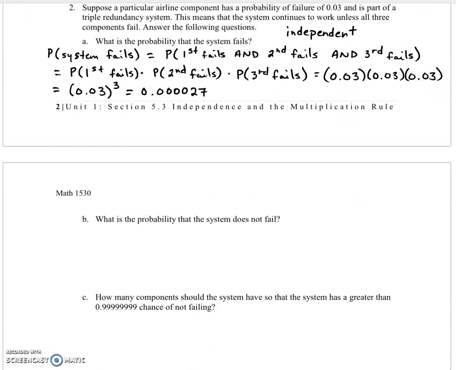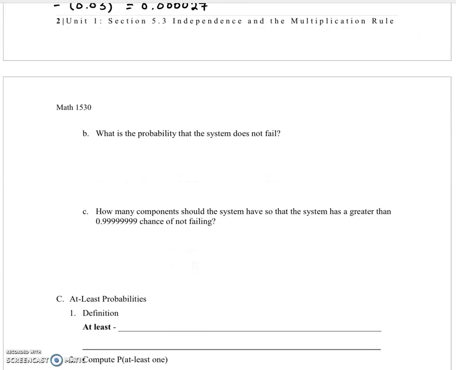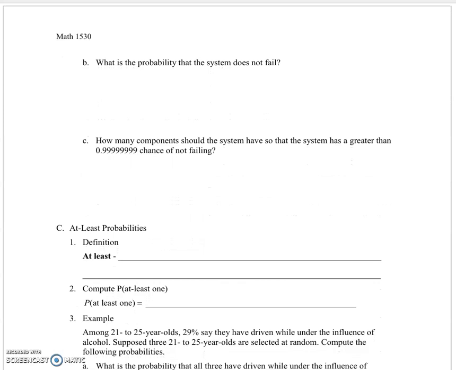Now, let's scroll down to part B. What's the probability that the system does not fail? Well, not failing is the complement of failing, right? So that means we use the complement rule.